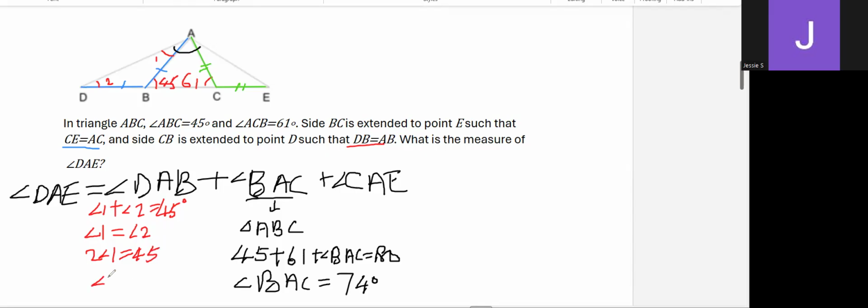So angle 1 itself is equal to 45 over 2 degrees. Angle 1 is angle DAB.